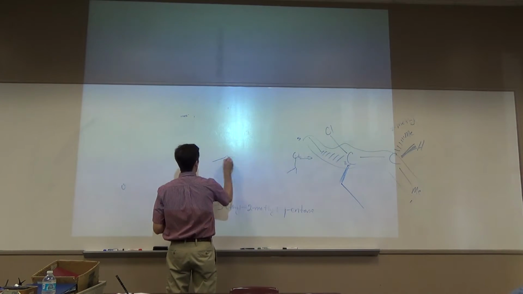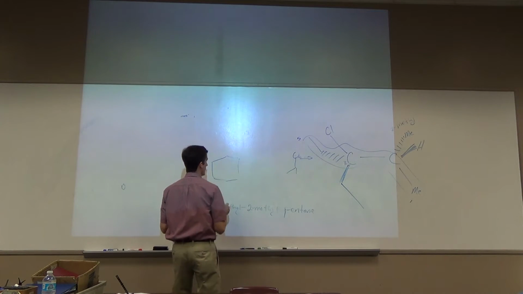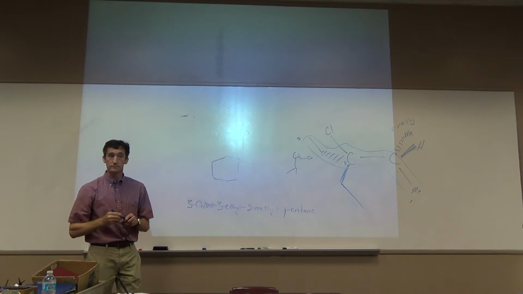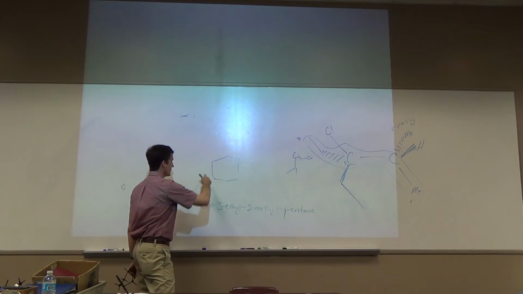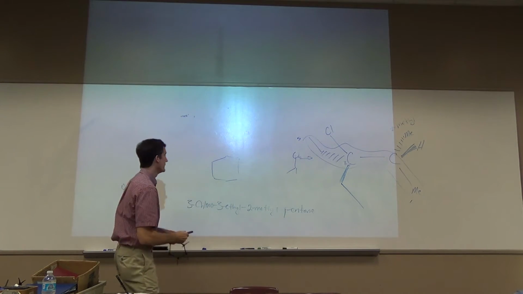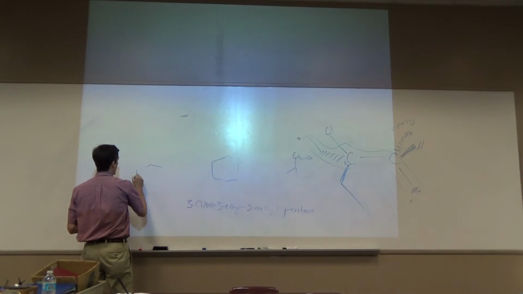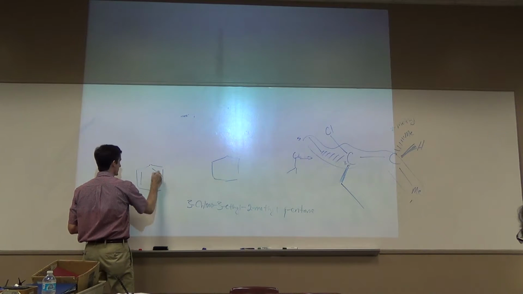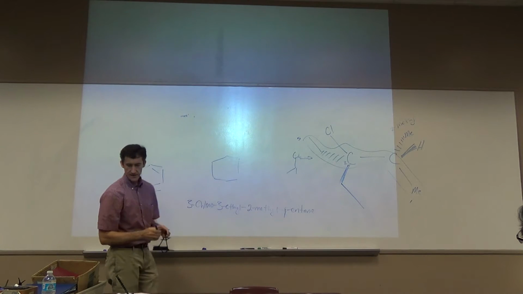So when we draw a cyclohexane on the board, we typically draw it like that. The problem is every one of these carbons is tetrahedral, and because of that, this ring is really not flat. Now if you draw a benzene ring on the board with the 3 pi bonds, that is actually flat.